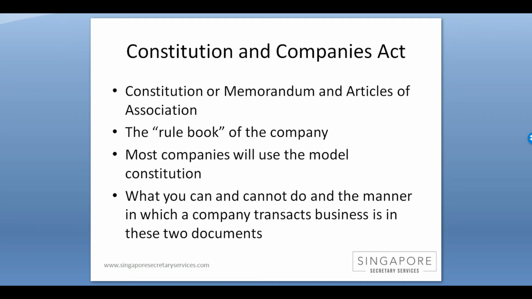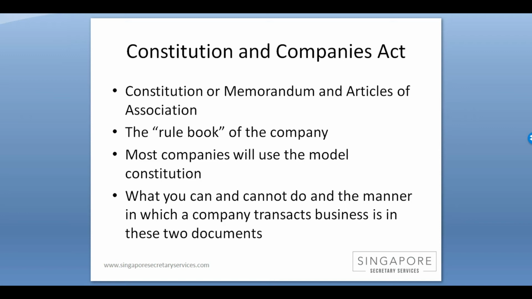Okay, so next is the Constitution and Companies Act. So Constitution, or Memorandum and Articles of Association. The Memorandum and Articles of Association has been merged to form this document called the Constitution. A lot of people contact us and ask what can and cannot be done to the company. They ask, how do I sell shares to someone? How do I appoint a director? How do I do certain changes to the company?